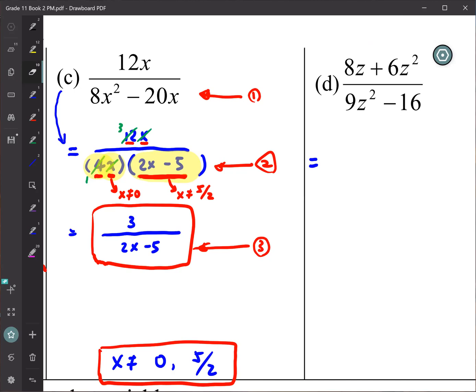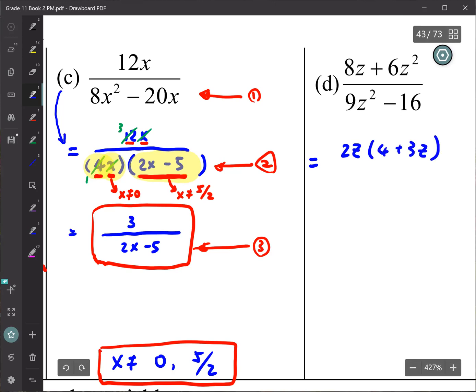So your very first thing is to look for things to factor, and that's why for the past few weeks we've been doing factors all the time, right? So factor wherever possible. All right, so can you continue to factor the top first? 2z times bracket 4 plus 3z bracket. Okay, very good.